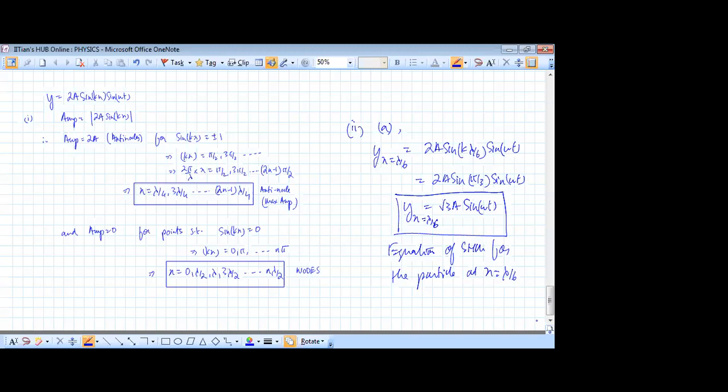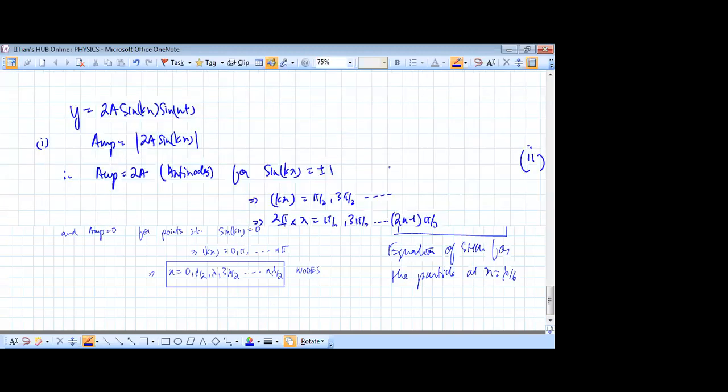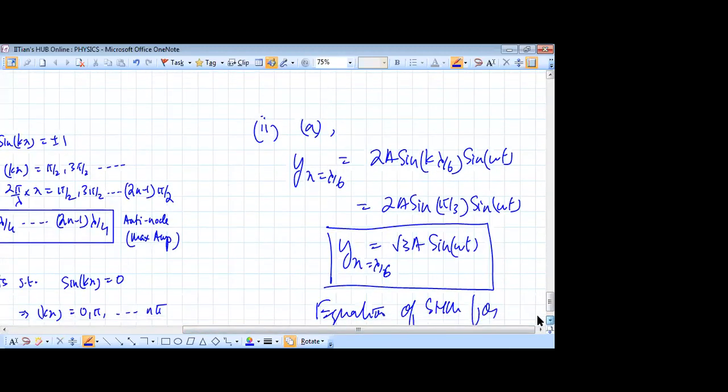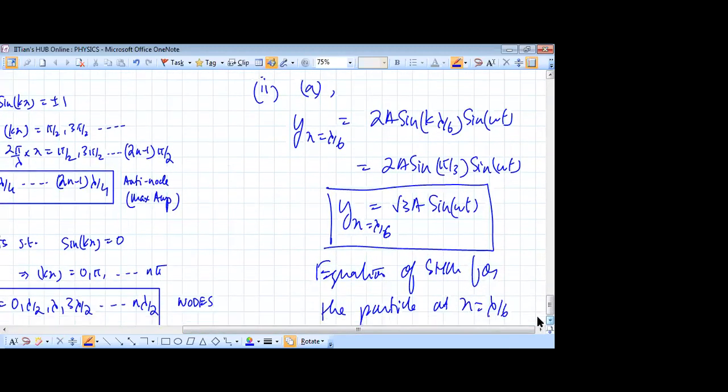Okay, similarly, for the B part, substitute x as 5 lambda by 4 instead of lambda by 6.